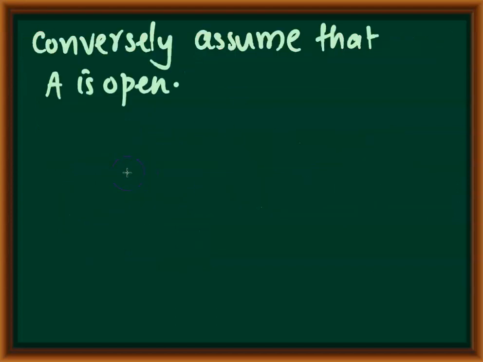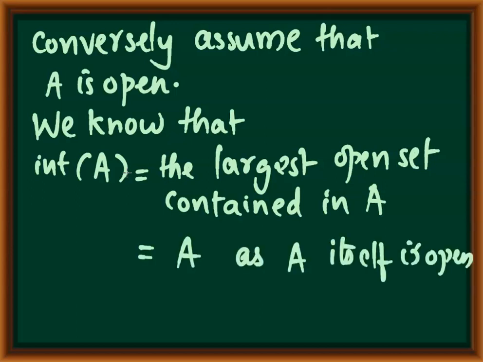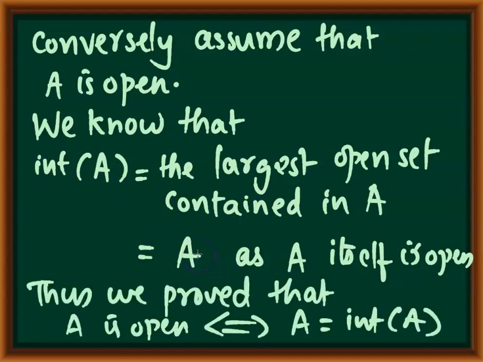Conversely, assume that A is open. We know that interior of A is the largest open set contained in A. Since A itself is an open set, this will be equal to A itself. Thus we have proved that interior of A is equal to A. Thus we have proved that A is open if and only if A is equal to interior of A. And this completes the proof of property 2.